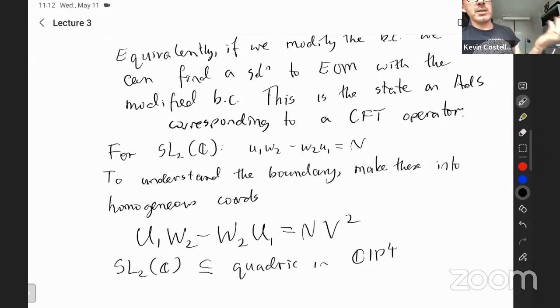Just like it started life as a solution of a quadratic equation in C4, and I'm adding some points at infinity to C4 to get CP4, I want to see what the boundary of SL2C is in this compactification.